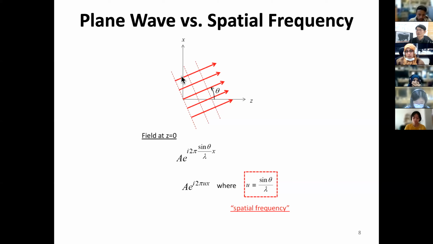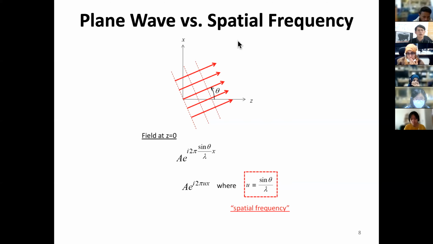All right, now go back to the plane wave versus spatial frequency. We are interested in the field at z equals 0, which is on the screen over here, and we realize it is A times e to the i k sine theta times x. That's what we know.